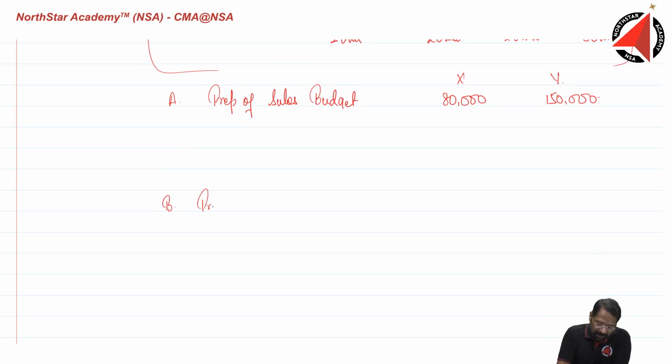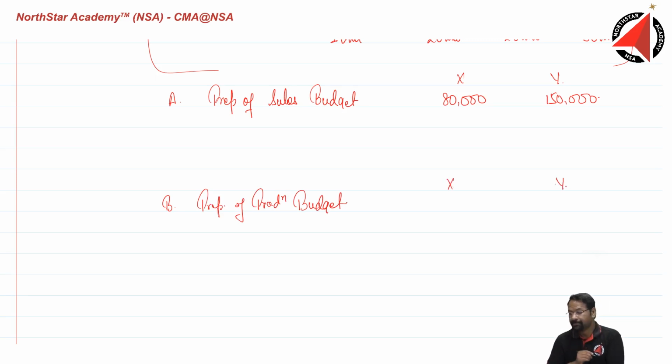Preparation of production budget. So X and Y. Answer my question. X is what? Raw material or finished goods? X are finished goods. So both are finished goods.